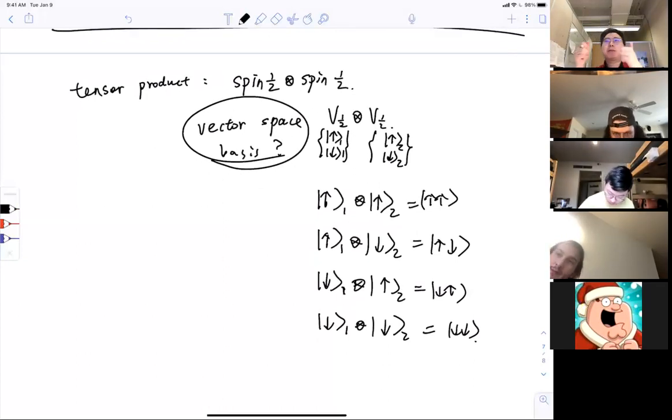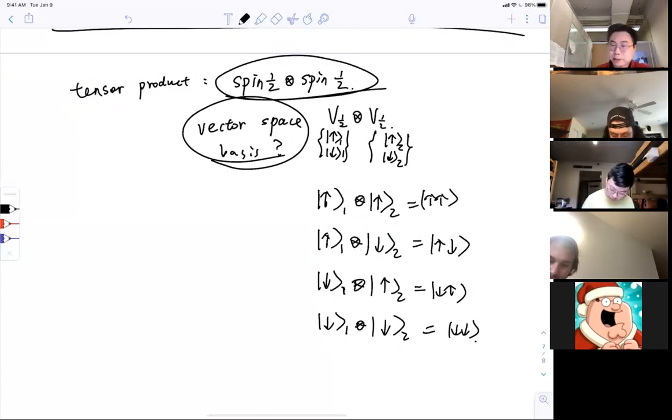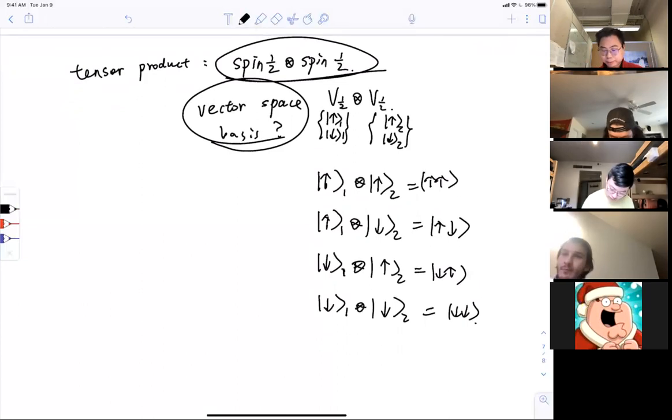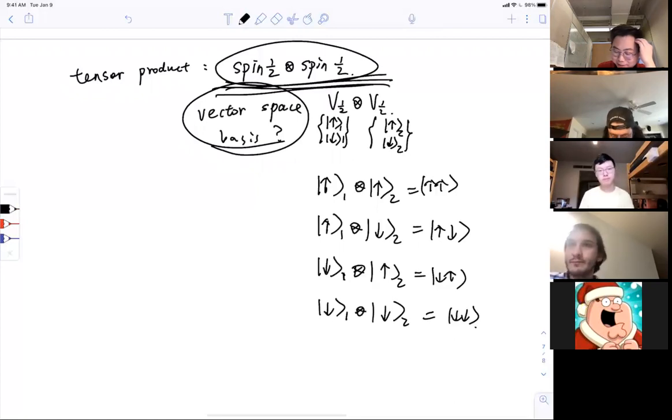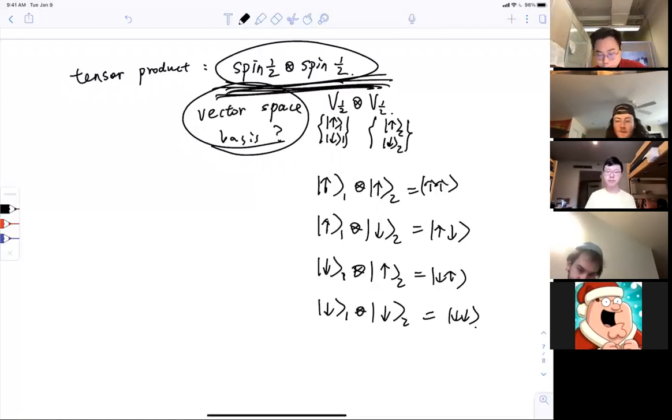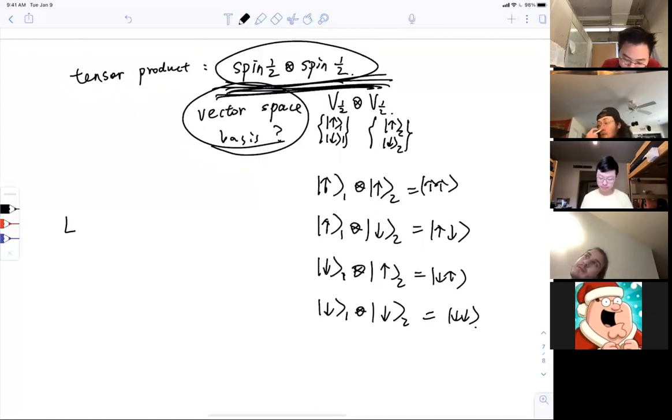Meaning that whenever we have two spins, if the Hamiltonian is like two spins interacting with each other, for example S1 dot S2, then the total Hilbert space actually lives in this representation, right? Sorry, the total Hilbert space is exactly the representation of spin 1/2 tensor spin 1/2. And now you need to tell me what's Lx and what's Ly, Lz.